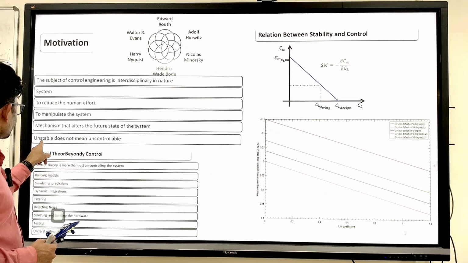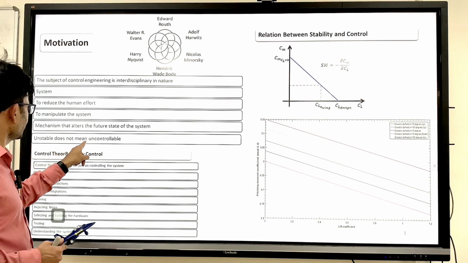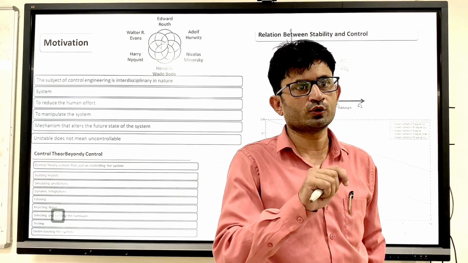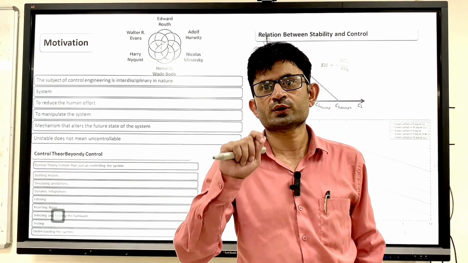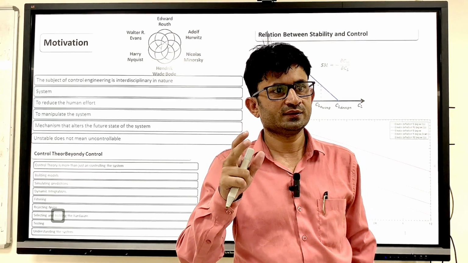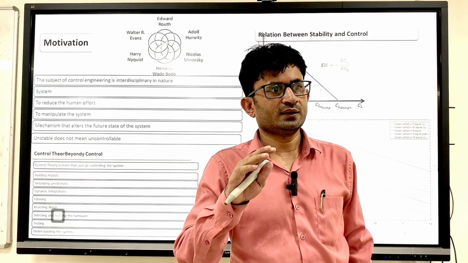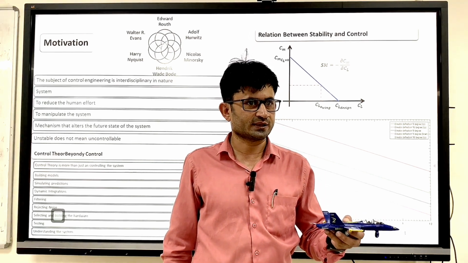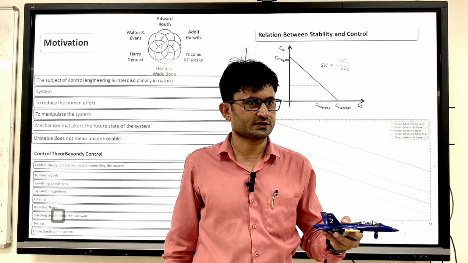And here one sentence is written: unstable does not mean uncontrollable. For example, in the quad rotor case, if one rotor fails, suddenly it will topple, right? But in the aircraft case, for example, a glider flying or a commercial aircraft flying, that is a stable case.